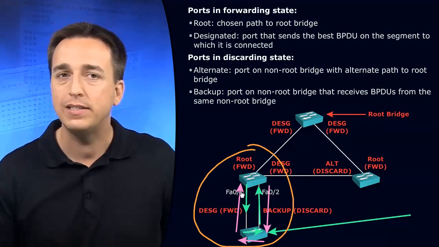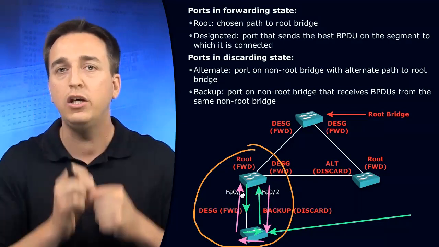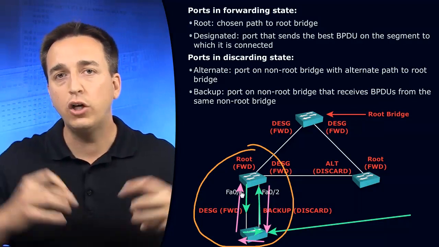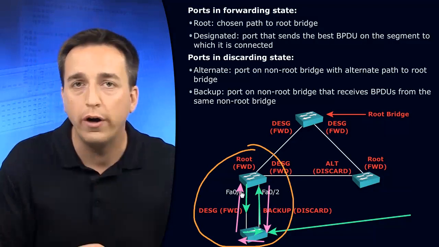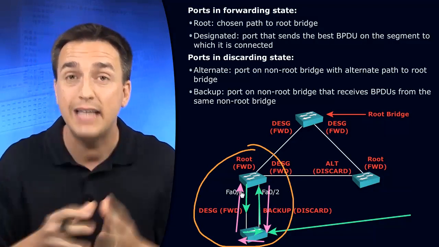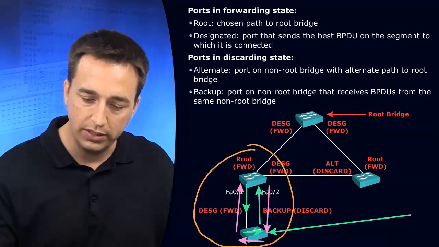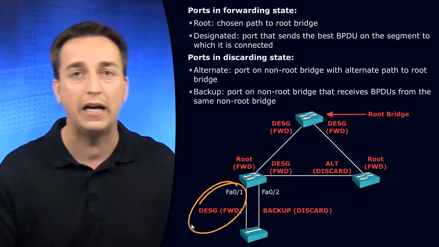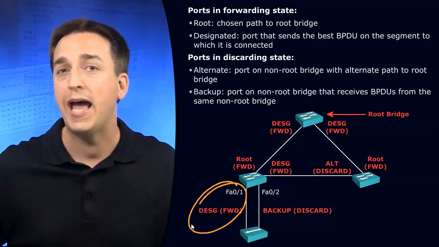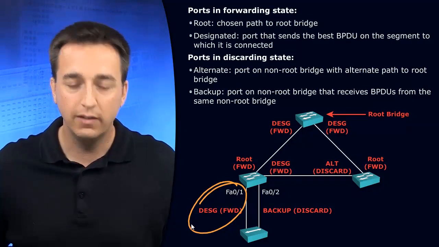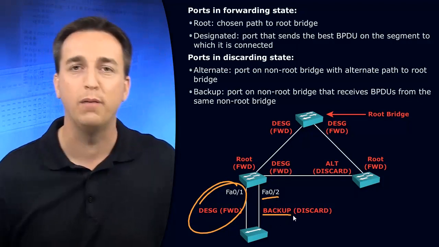So in this case now, the switch has to determine, based on receiving its own BPDUs as they go through that hub, which of the ports on this shared Ethernet segment is going to be the designated port. Once it determines which port is the designated port, Fast Ethernet 0/1 in this case, the other ports on that shared segment, like Fast Ethernet 0/2 in this case, is a backup port.